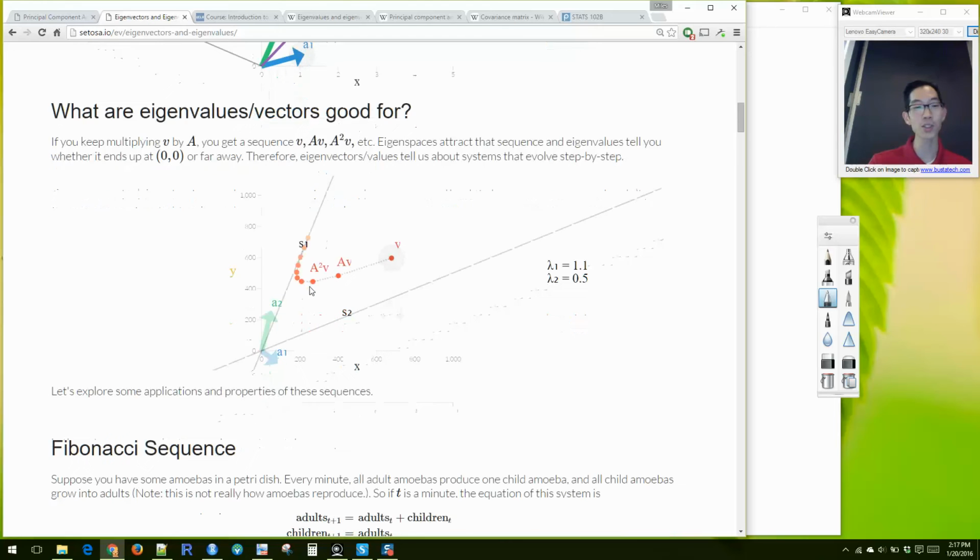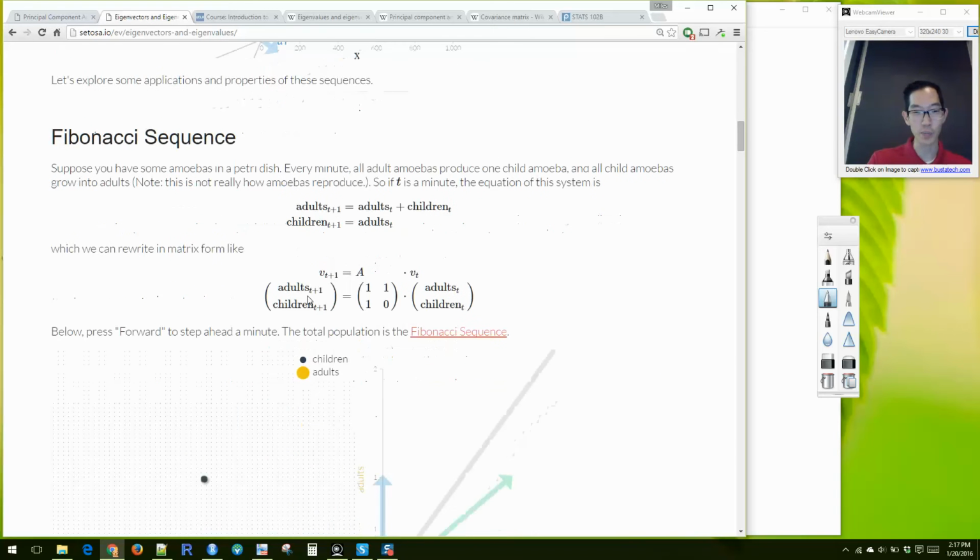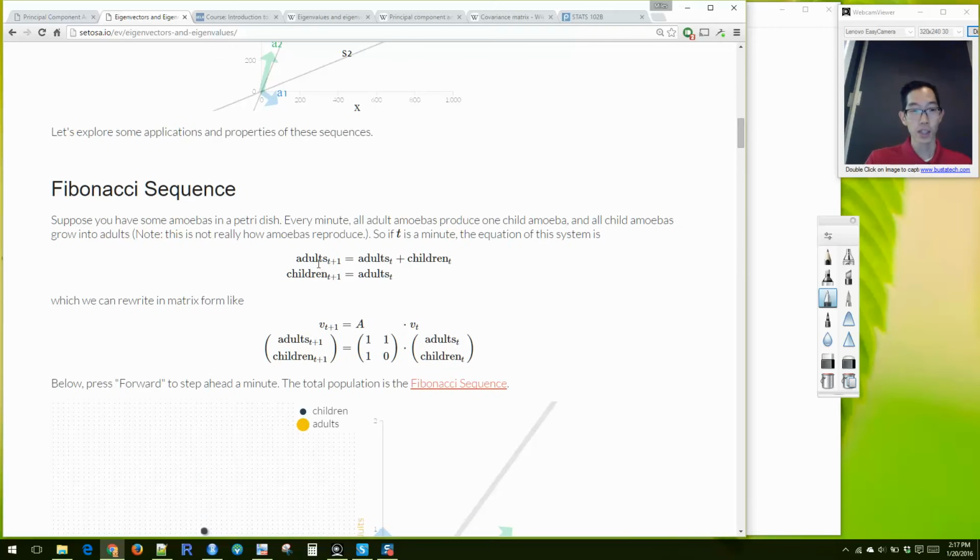So here was an interesting result with the Fibonacci sequence. Suppose you start off with some amoebas in a petri dish, and at every minute, all adult amoebas will produce one child, and all children will grow up into adults.